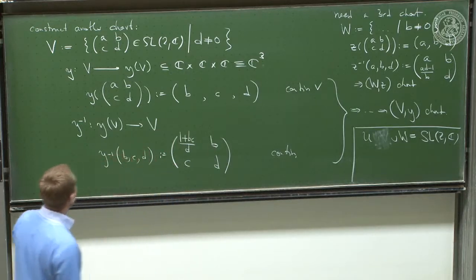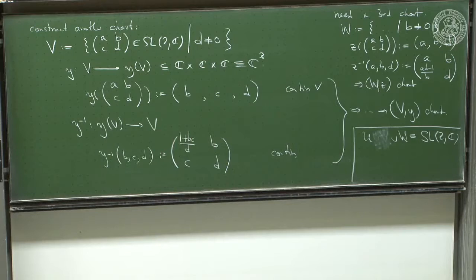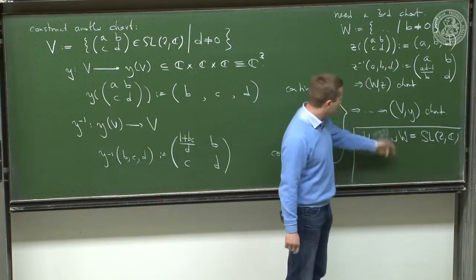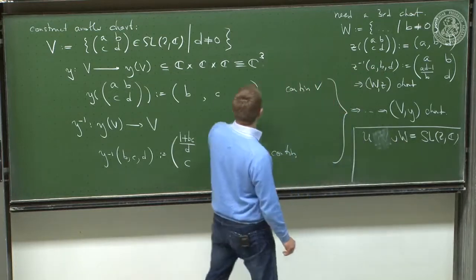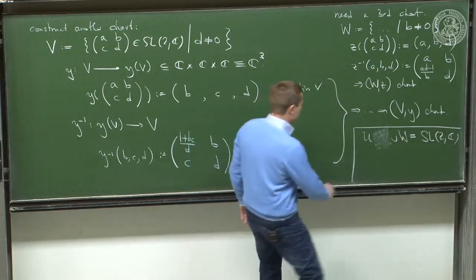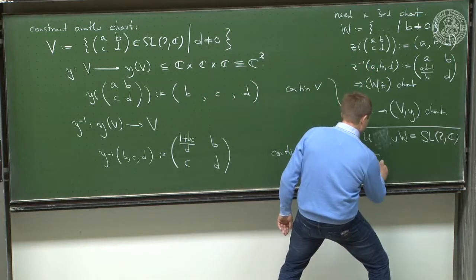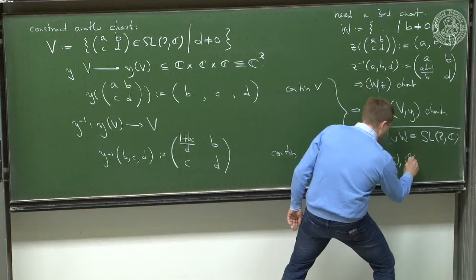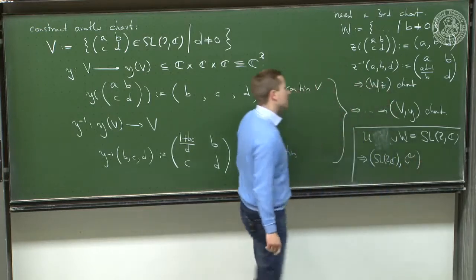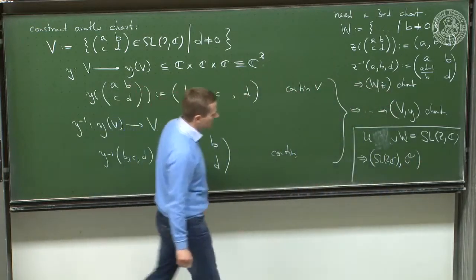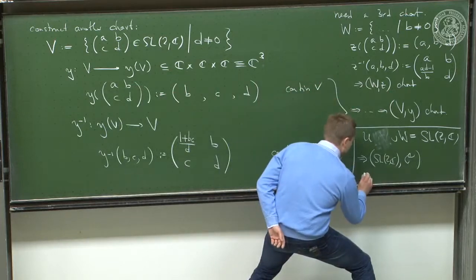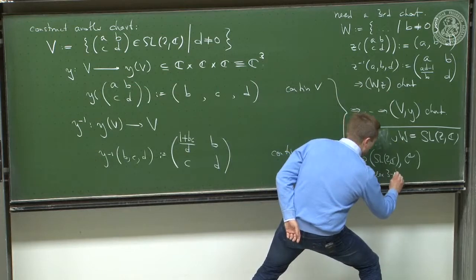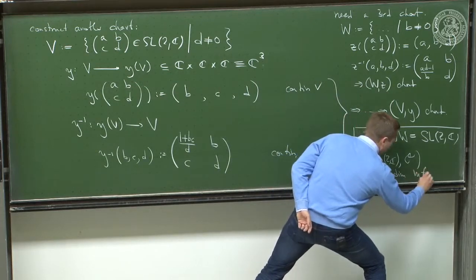And they're all homeomorphisms, which also means that about every point of this guy, I have a homeomorphism into some C to the 3, and from that it immediately follows that SL2 C with the already defined topology is a complex three-dimensional manifold.